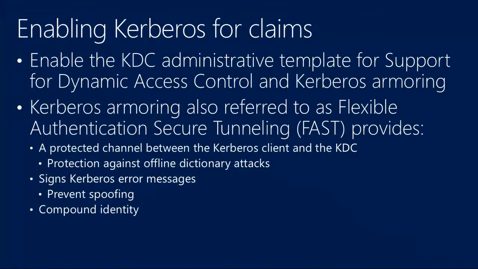The problem is when you log on and you validate the first time, you've actually got a timestamp which has been encrypted with a hash derived from your password, and that's passed over the net. So it's possible for someone to get that and do a dictionary attack against you and actually get your password. This is in the Kerberos protocol. That can now be armored, so that interchange is now fully protected.